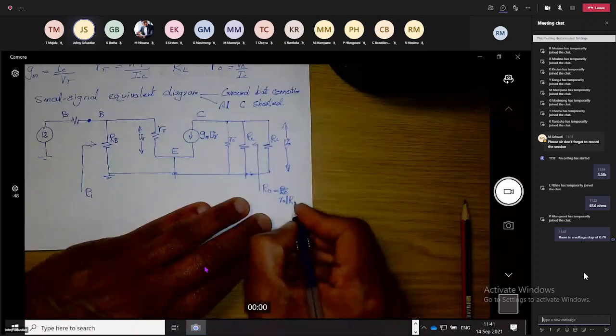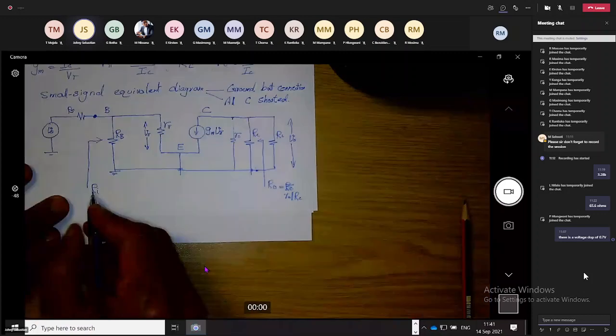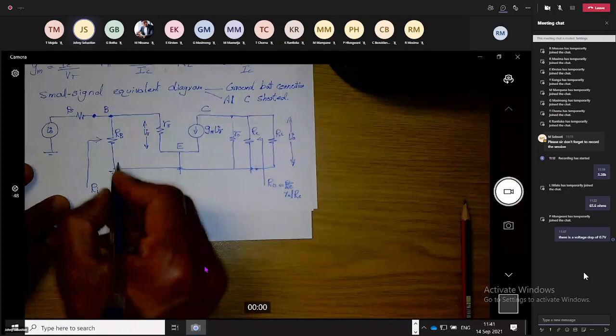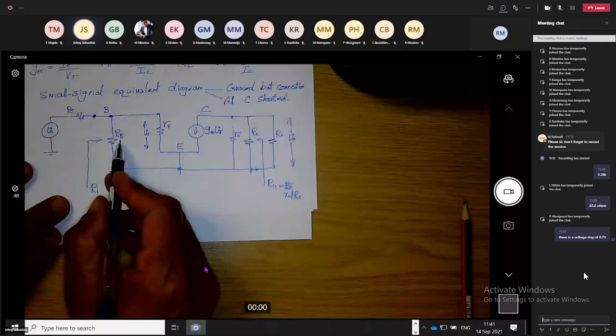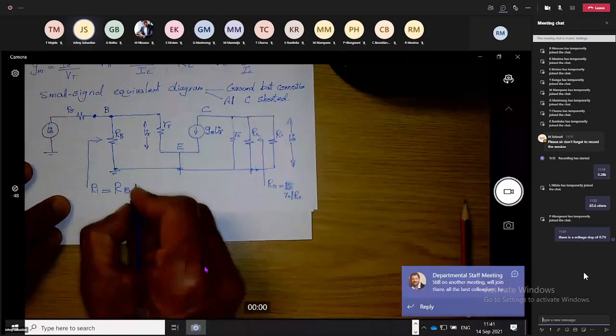Now, going back to the input. Between these 2 points, RB is in parallel with R pi. So your input impedance is going to be RB parallel R pi.